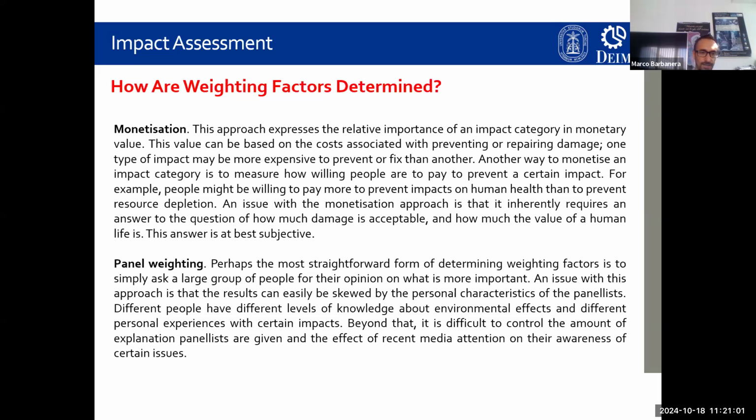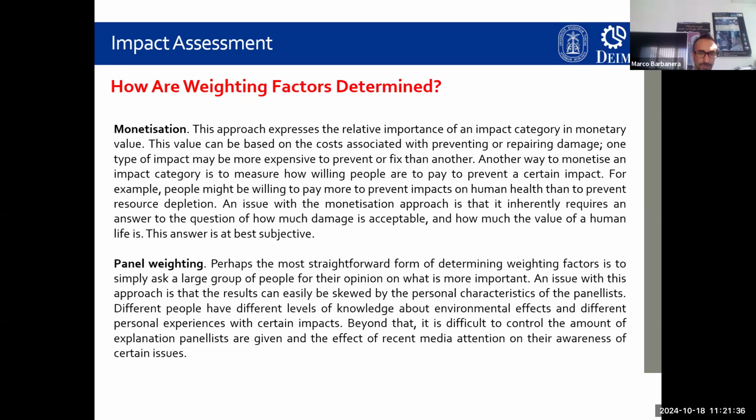The last one is in theory the easiest approach to obtain the weighted results. In this case, the approach is to simply ask a large group of people for their opinion on what is more important.